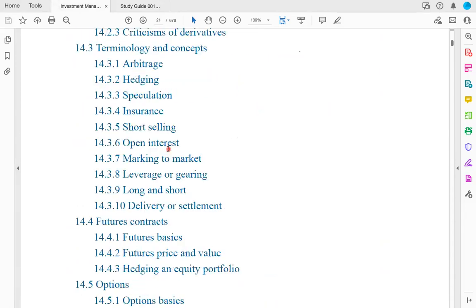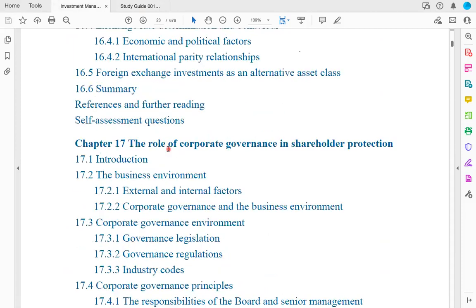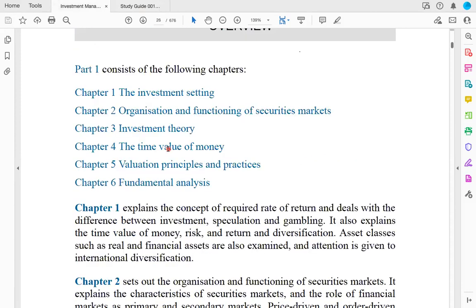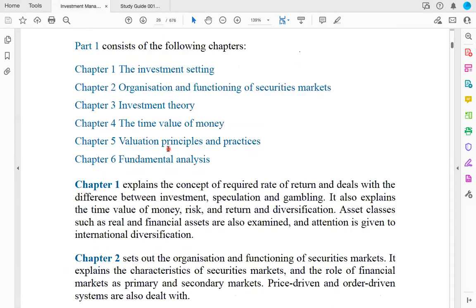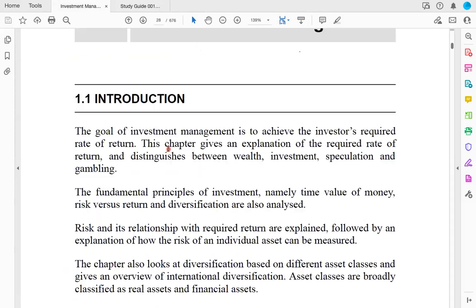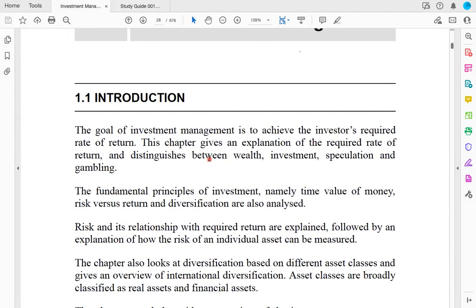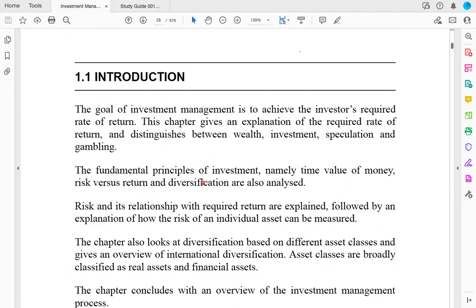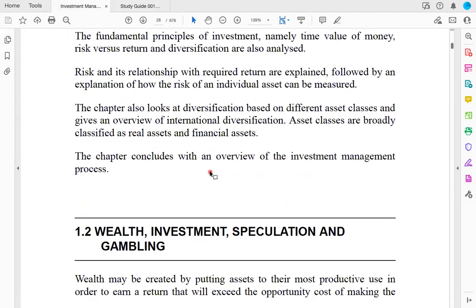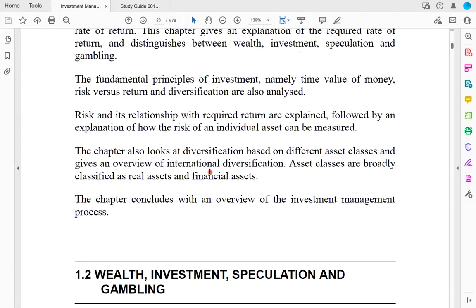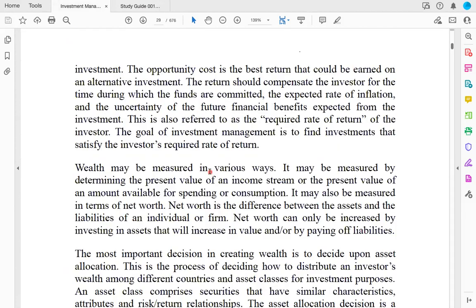And like I said before, there are certain important things that you really have to know with regards to the exam when it comes to chapter 1. I'll be taking you through those important things and describing them as we cover chapter 1, which consists of a number of sections.